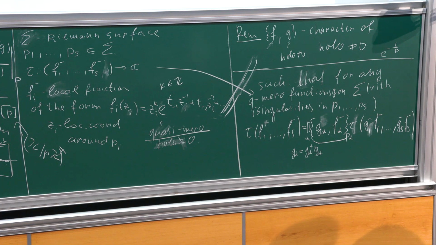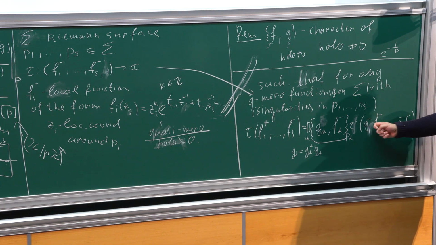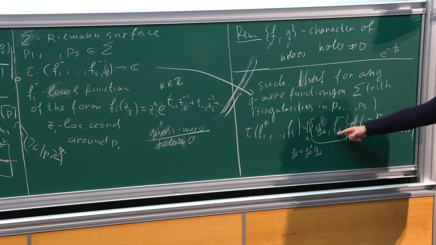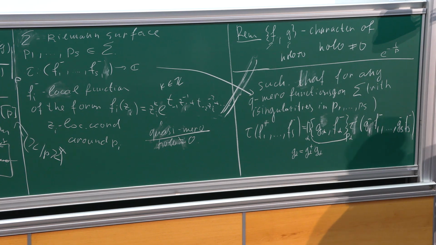If you multiply the arguments by this element, the function is multiplied by the corresponding character. So it's a GL1 automorphic form, as far as I understand what it means.